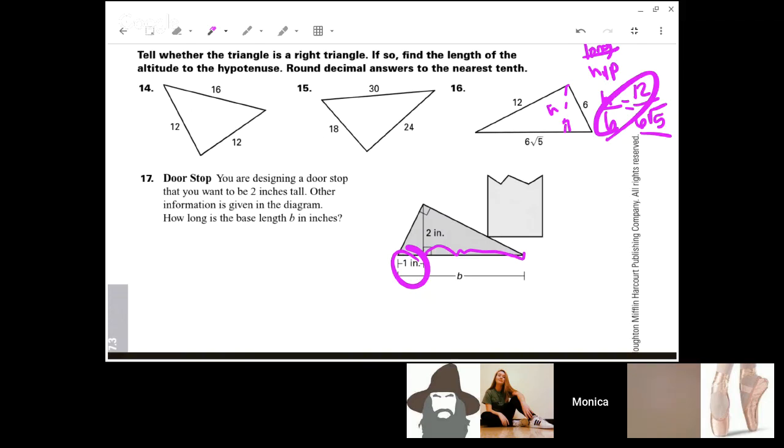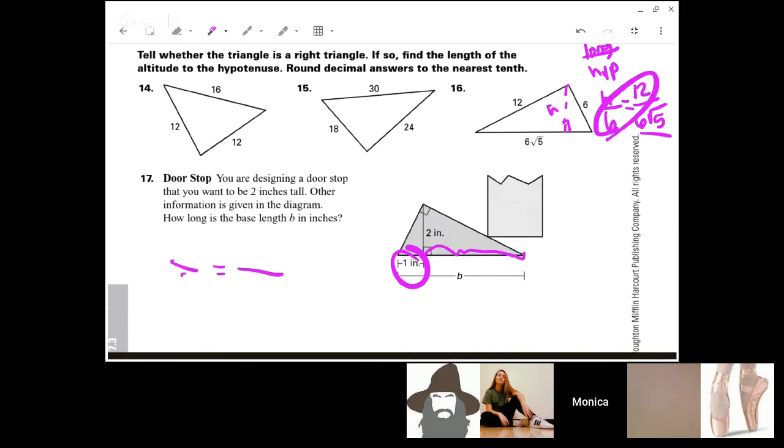Remember, to apply that theorem we have to set up our proportion, and we're going to have the altitude on the bottom on one side and the top on the other, okay?